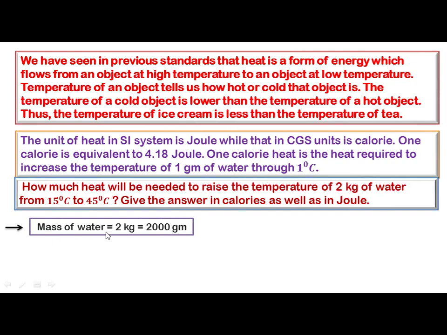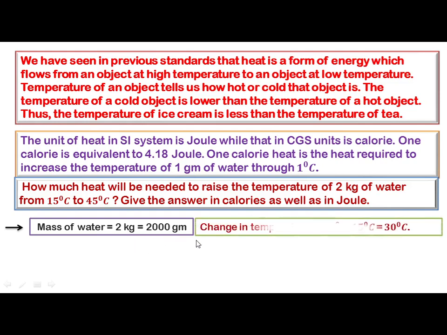Mass of the water is equal to 2 kg, which is equal to 2000 gram. Change in temperature is 45 degree Celsius minus 15 degree Celsius, which is equal to 30 degree Celsius.